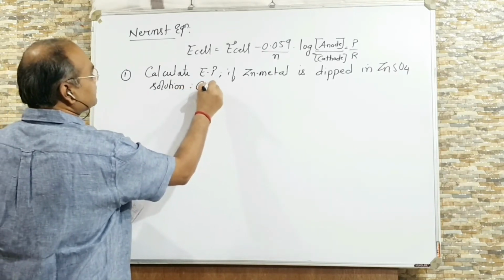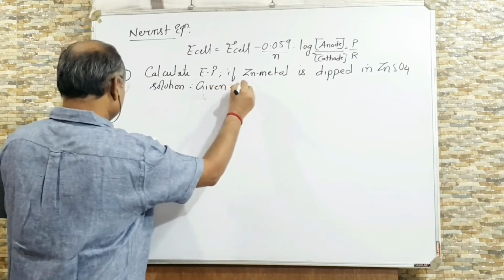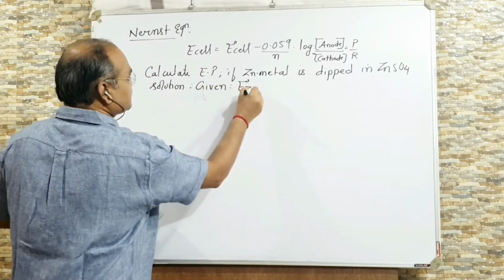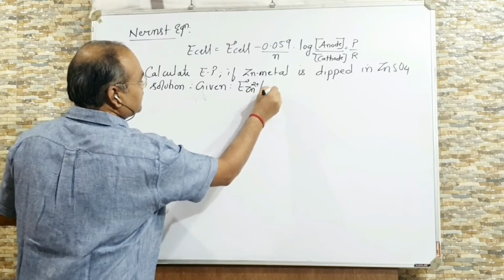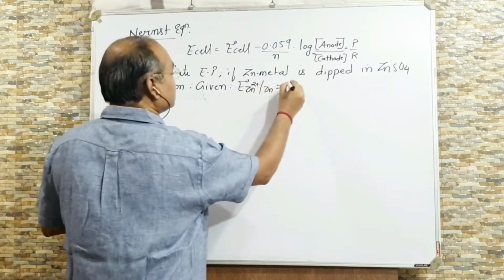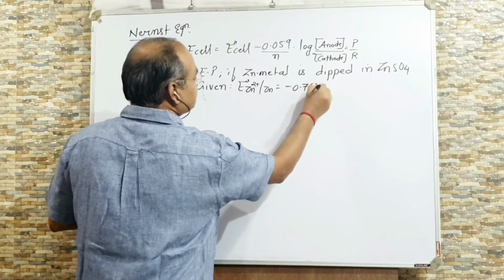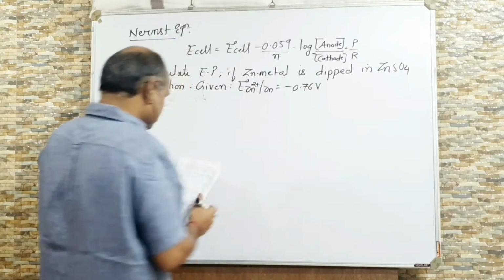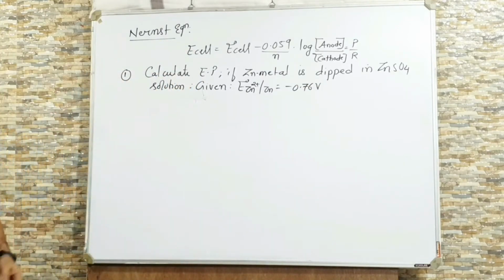Given E0 Zn2+/Zn is equal to minus 0.76 volt. Now this is the equation given to you.